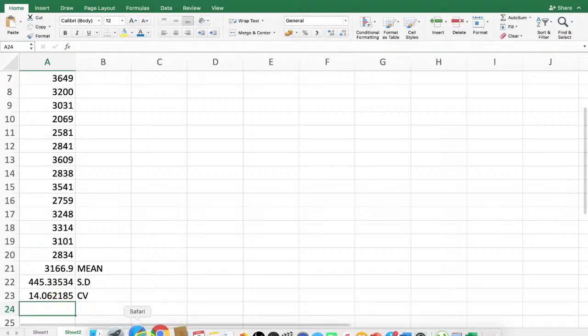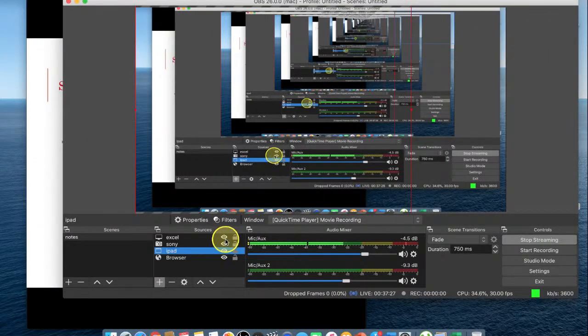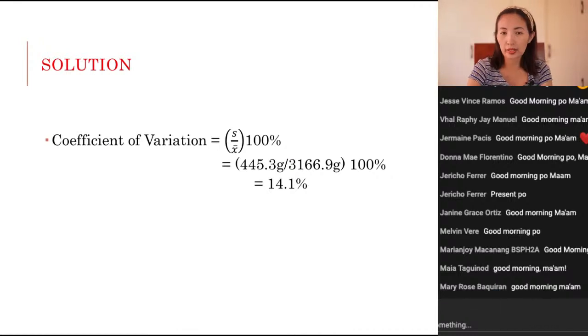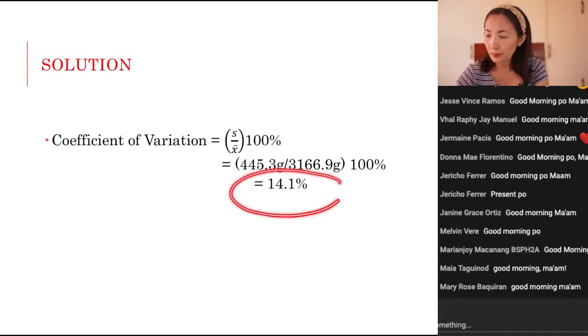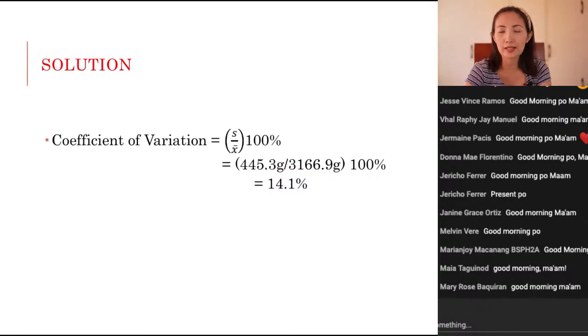So let's check on our PowerPoint presentation. Okay, so correct. The coefficient of variation that we were able to compute is 14.1%. So that's how simple it is computing for the coefficient of variation.